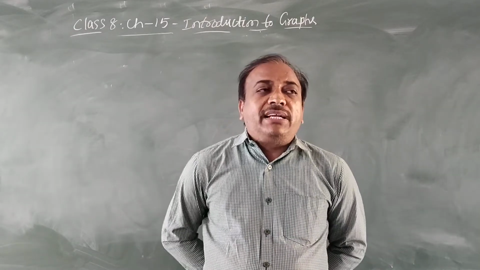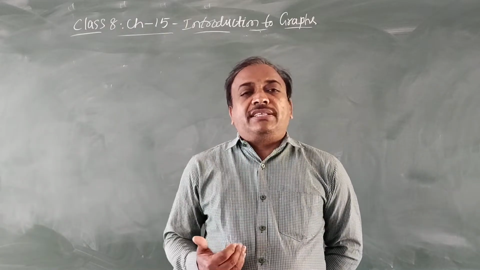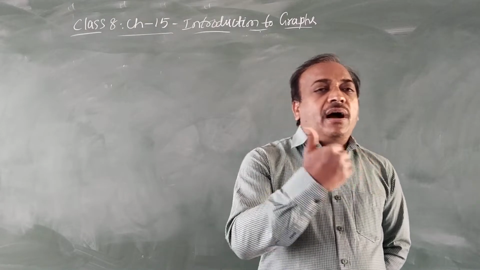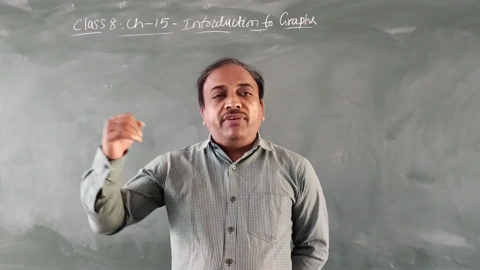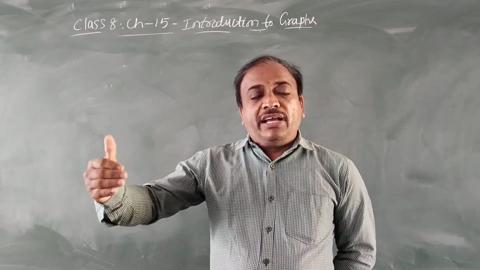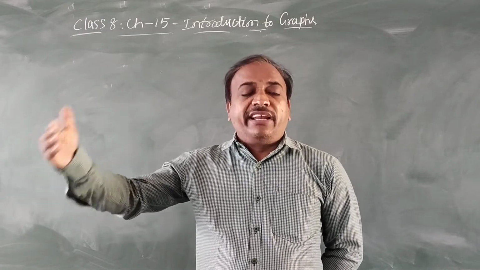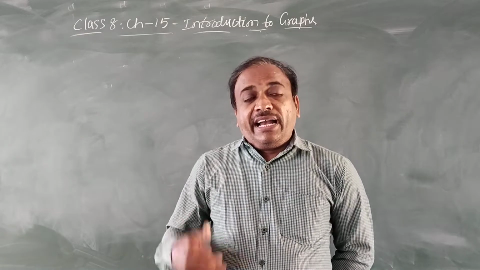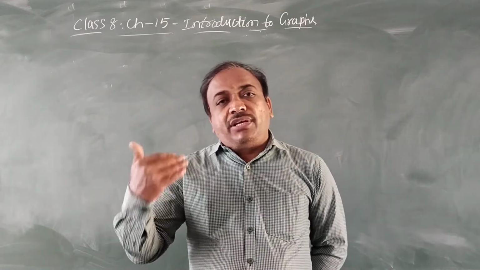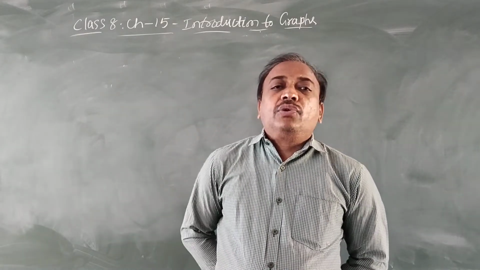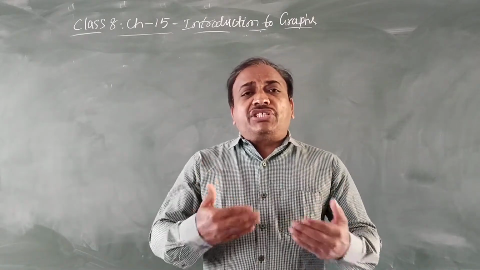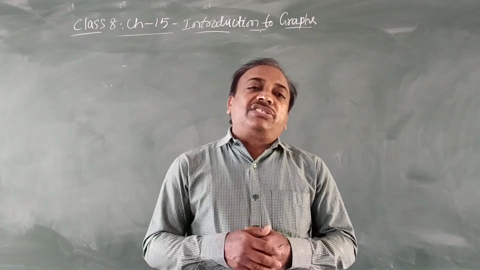He has the location: in which colony, then which street, whether it is on the right side or left side, and again whether it is the 5th house or 4th house. So positions are required, the location is required to identify such things.